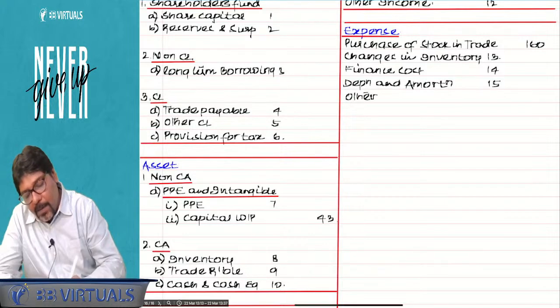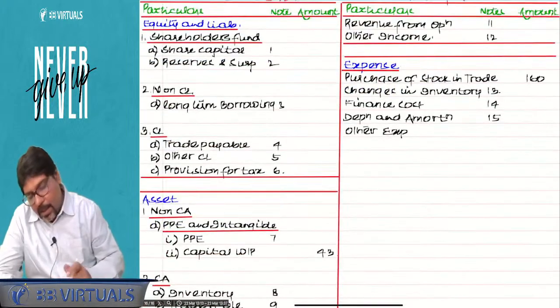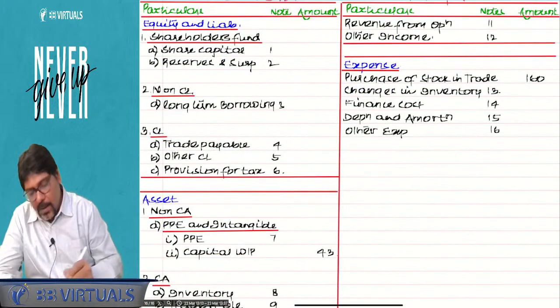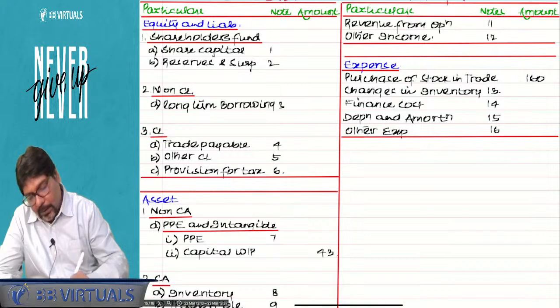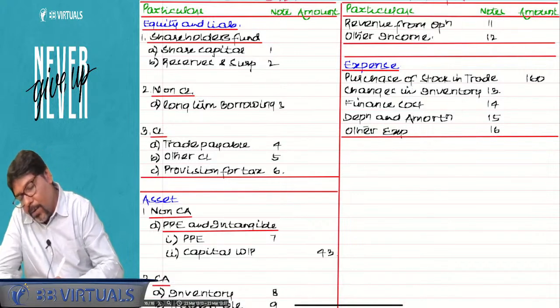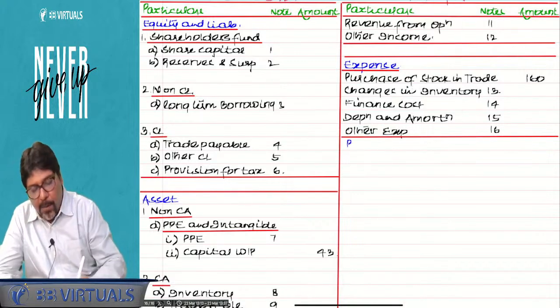Loads of other expenses are there. Correct. 16. That will give you profit before tax. Less tax expense.